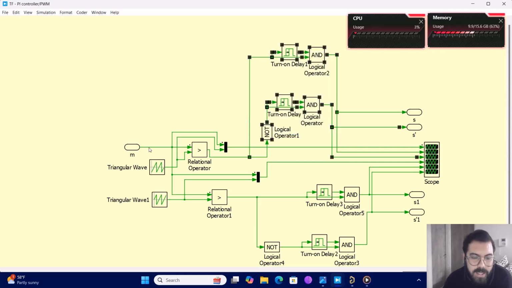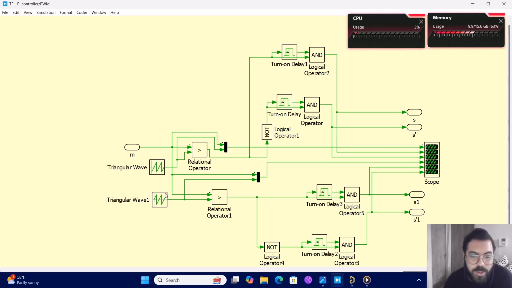And I have a constant here and a triangle waveform because I'm using an interleaved structure, so I need to use two triangle waveforms, and this waveform and this waveform should have a 180-degree phase shift, because interleaving is about 360 divided by the number of interleaved stages.